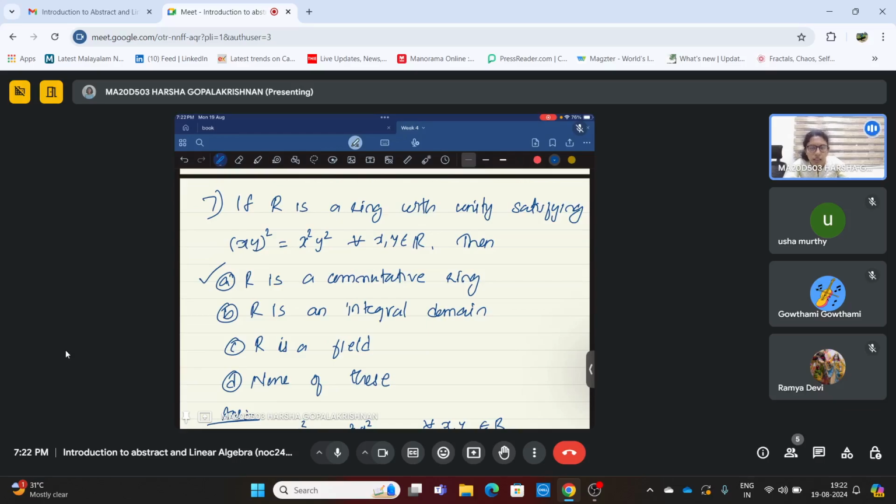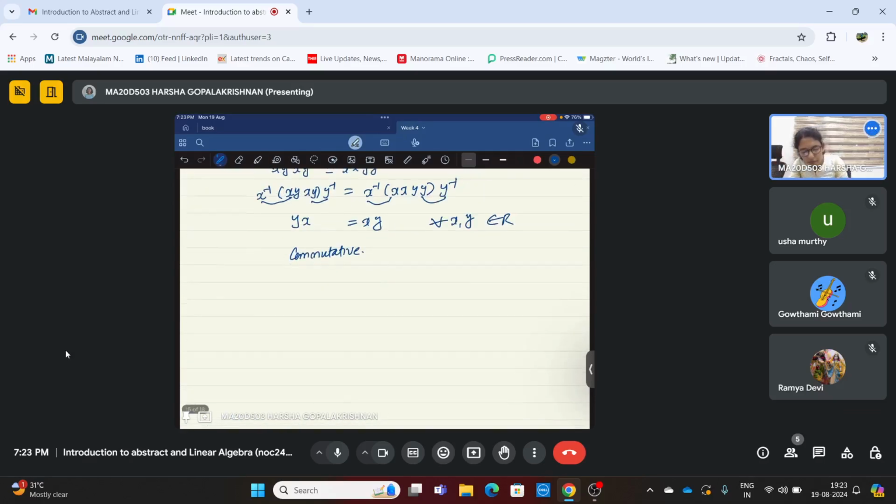Now the question is whether it is an integral domain or not. Anyone have an idea? Just with this condition, can we say whether it is an integral domain or not? This again is an easy thing.